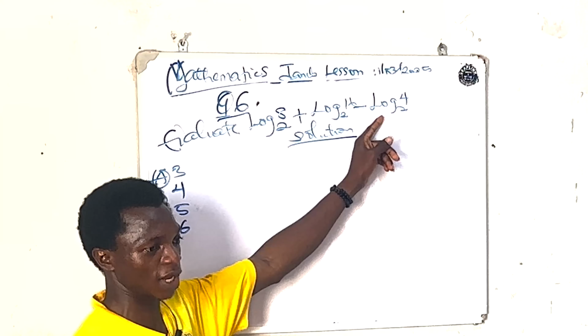Now, given 0.00043 and 2000, multiply them together. First, you need to multiply these numbers in ordinary form. When you get your answer in ordinary form, you convert it to standard form.